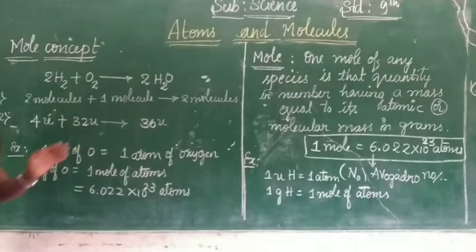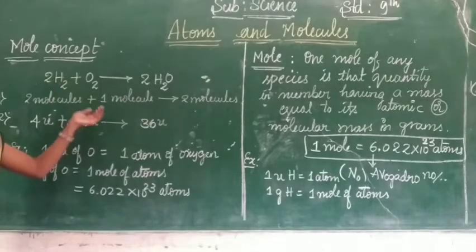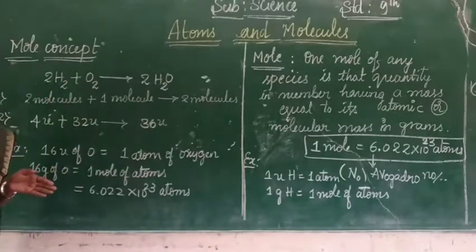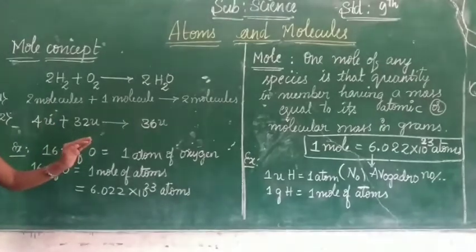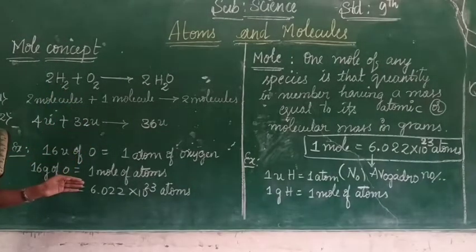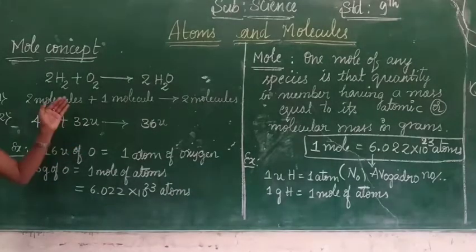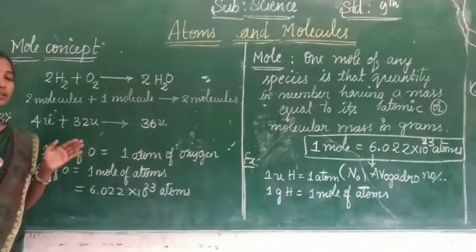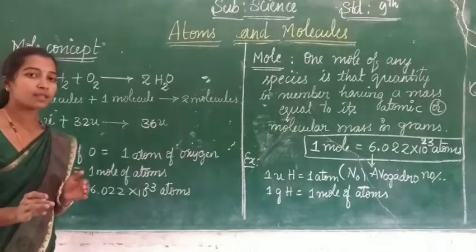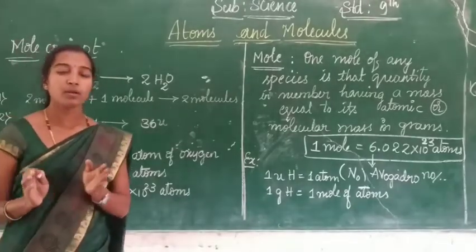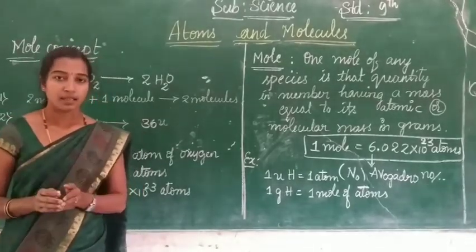Representing the equation in terms of how many molecules or atoms are involved in the reaction is more convenient than comparing masses. For this reason, a new quantity for representing the molecules of a compound is used: the mole.